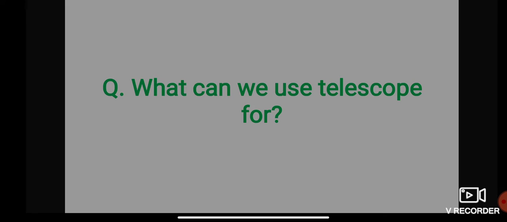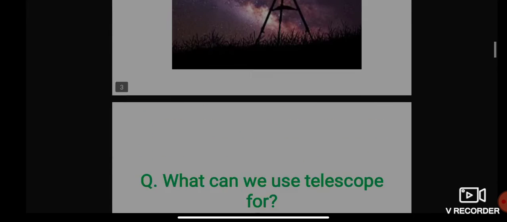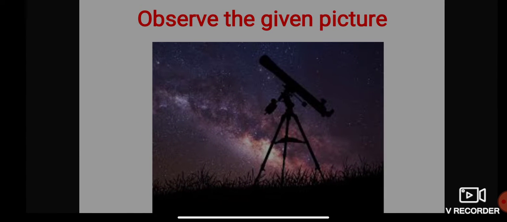All right, so we can use a telescope to look at things that are very far away. Large telescopes are also used to observe the moon as well as the other planets, and even stars in space more closely. For that purpose, we use a telescope.